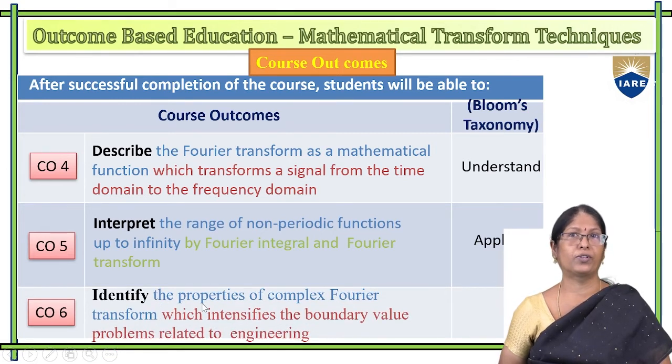So many properties are related to the Fourier transform. For a particular problem, which property is suitable? So we have to identify. Now describe, that is Bloom's second action level. Interpret and identify, that is Bloom's third level, are the action verbs which are used.